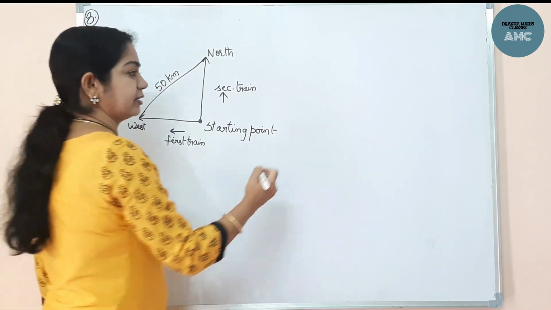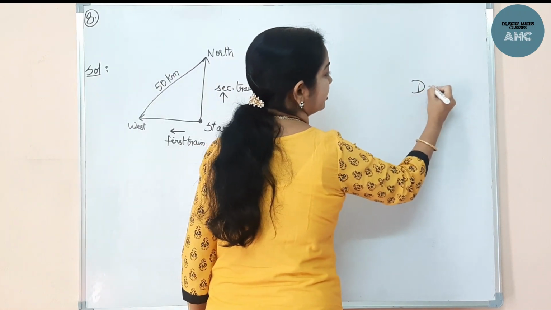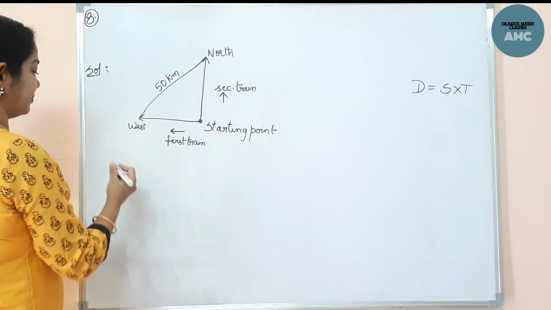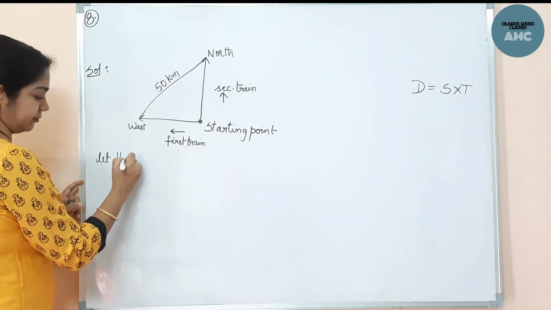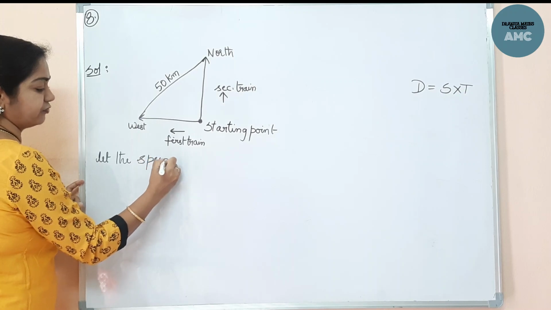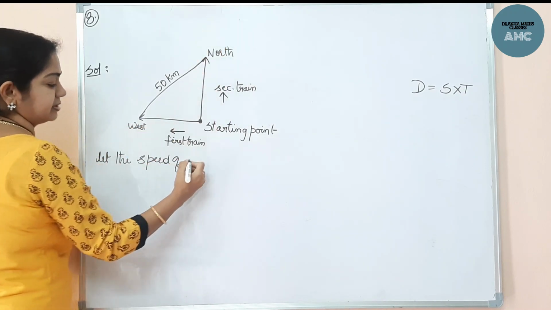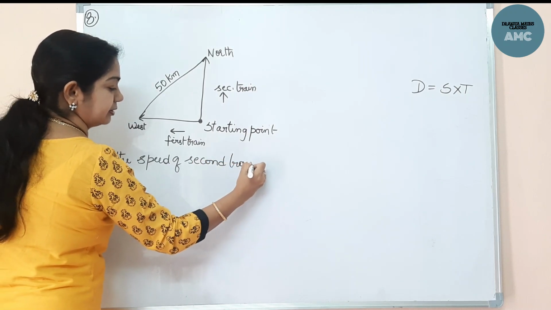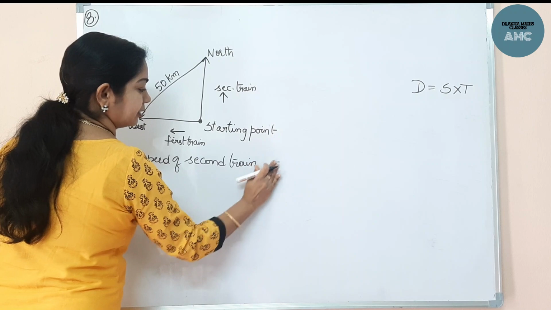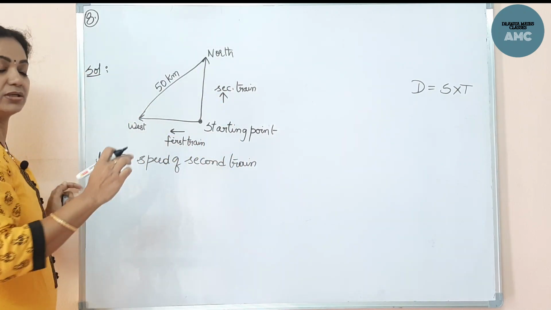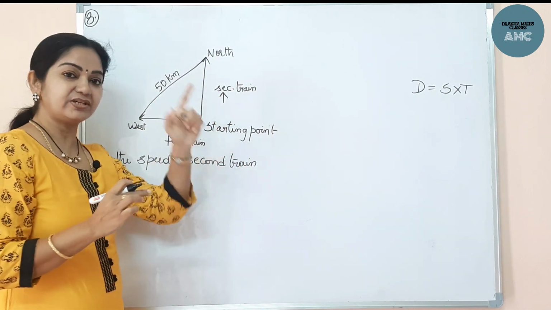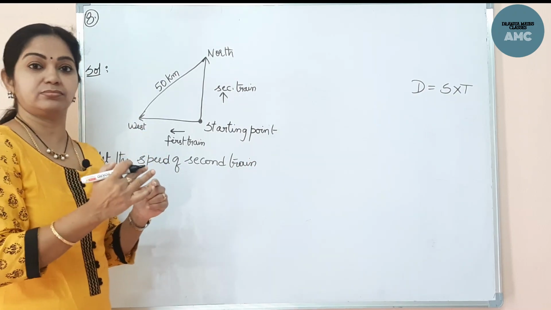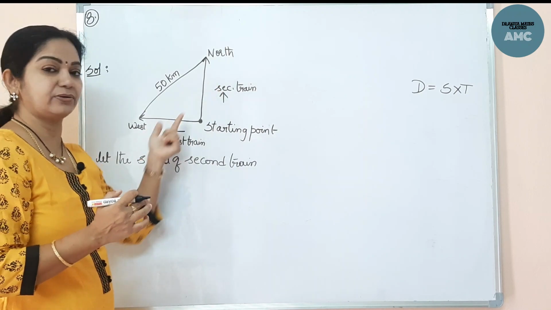Now, we already know that distance is equal to speed into time, right? Now, let us suppose the speed of the second train is x kilometers per hour. The second train is somewhat slower, because the first train is moving 5 kilometers per hour more. That means the first is the fast train compared to the second one.